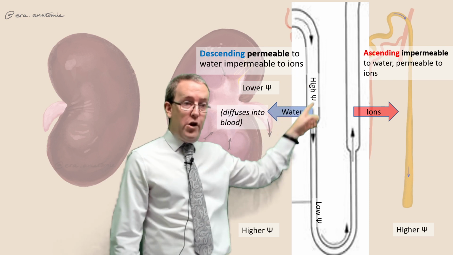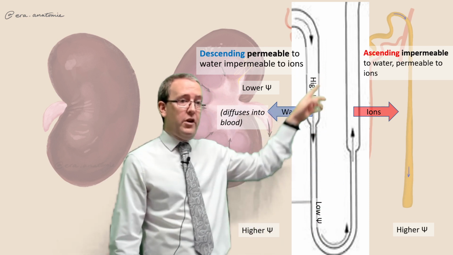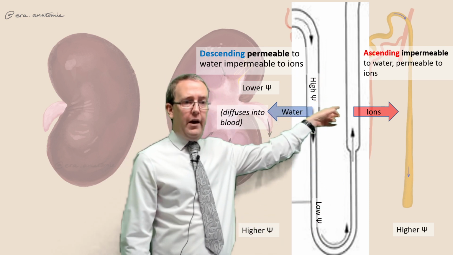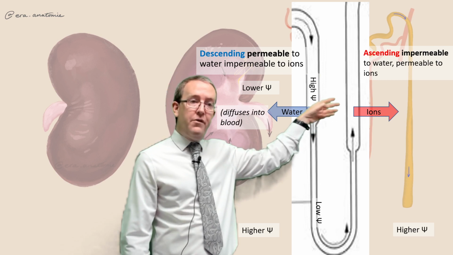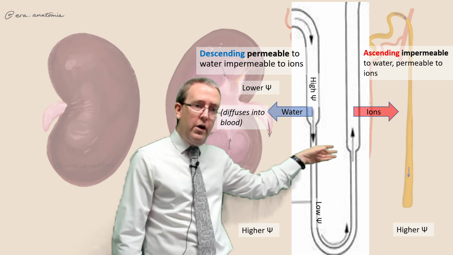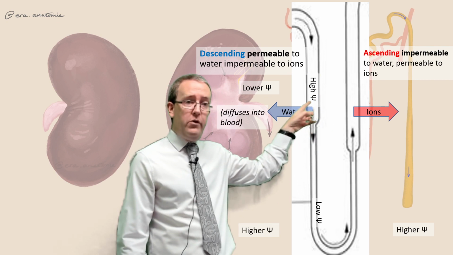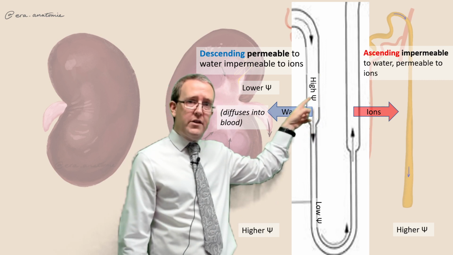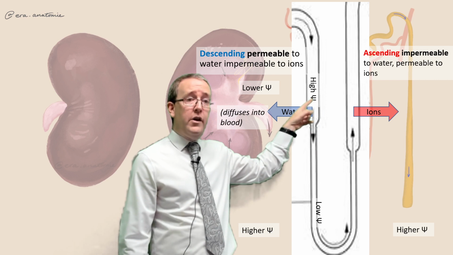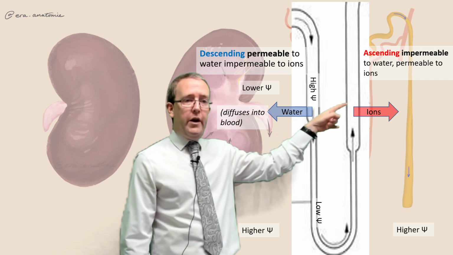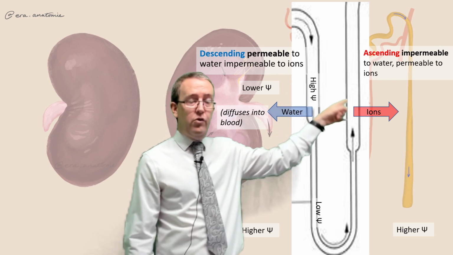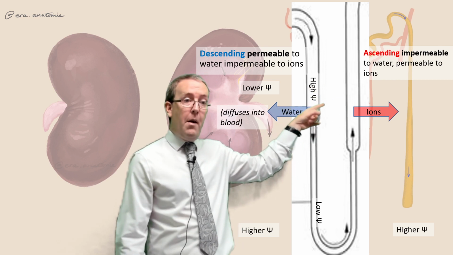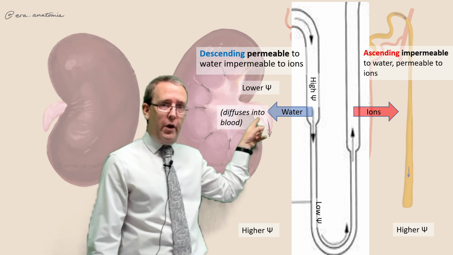And the reason it's a loop, and these are close to each other, is that the water potential of this tissue right next to the ascending limb is going to get lower, which is going to speed up the osmosis of the new filtrate that's coming in here. So we've got this kind of multiplier effect. Ions coming out here, lowering the water potential around the descending limb and making water come out faster by osmosis.